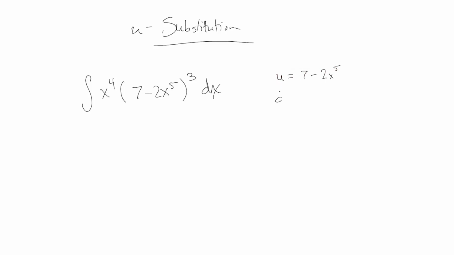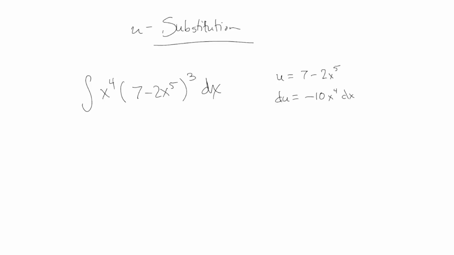So the du is, when I take the derivative of that, the 7 goes away. The minus 2x to the 5 becomes minus 10x to the 4. And then I put dx, because the dx is always part of the du.